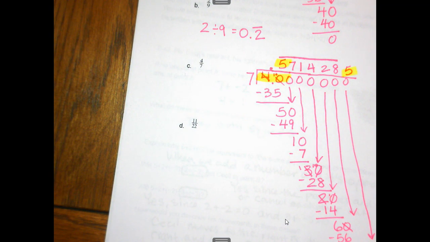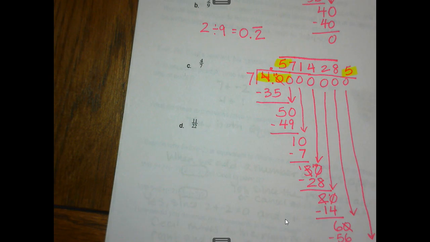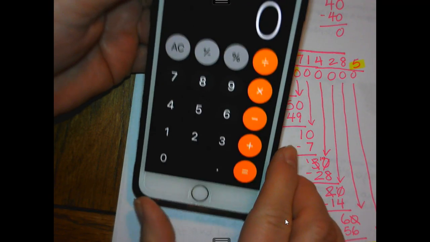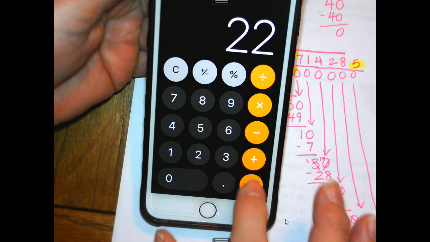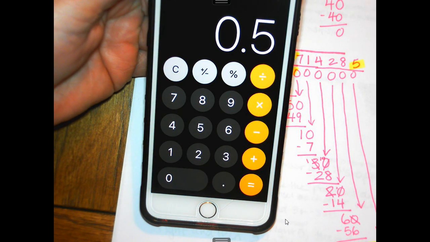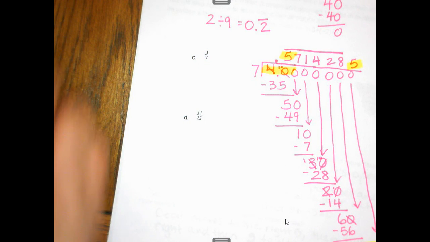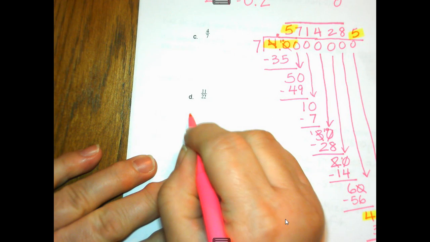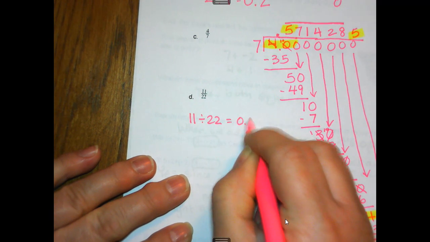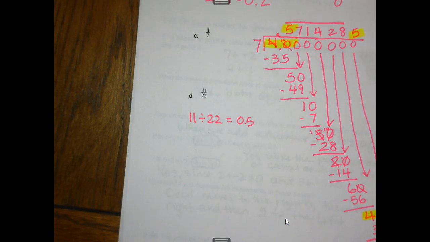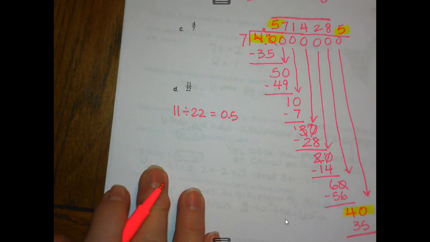And then, since we are running out of space here, now that the calculator is clear, we'll do 11 divided by 22, and we get 0.5. So this would be 11 divided by 22 equals, and there we go. We got this.